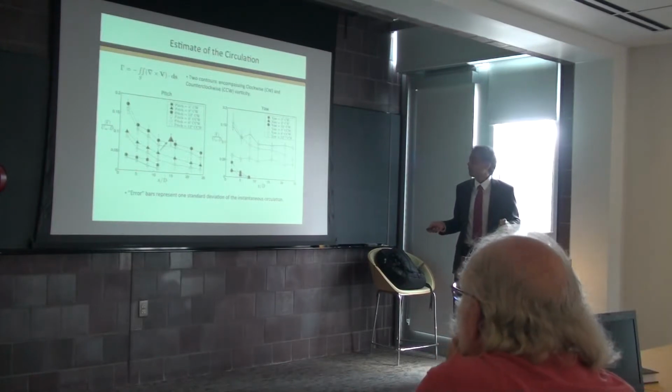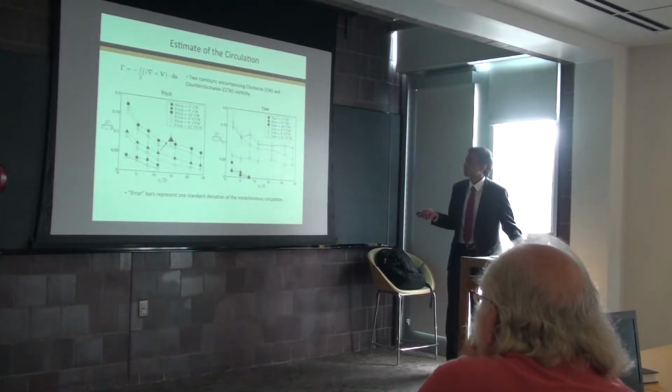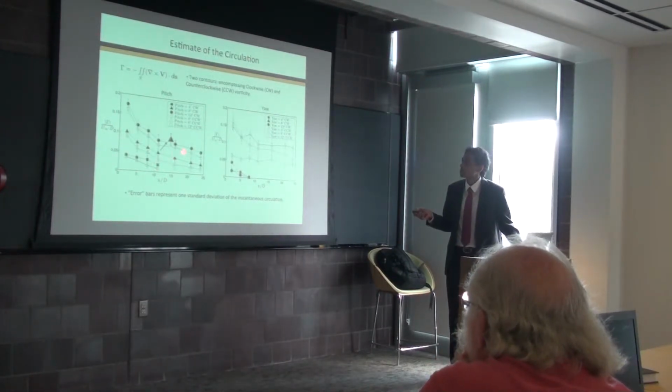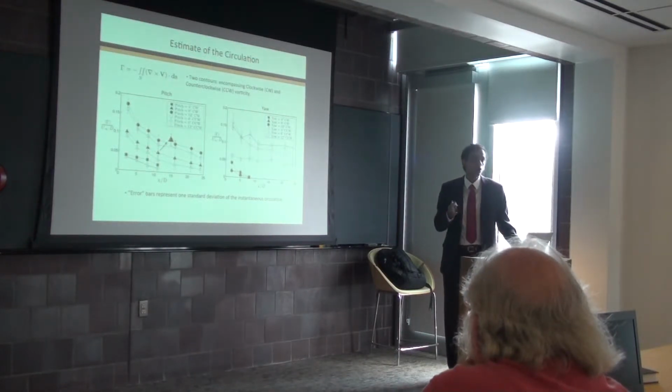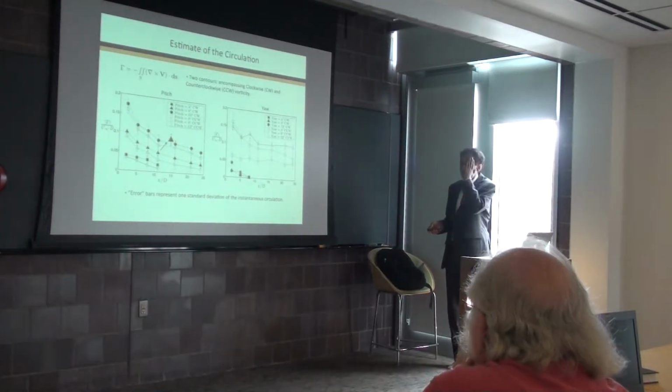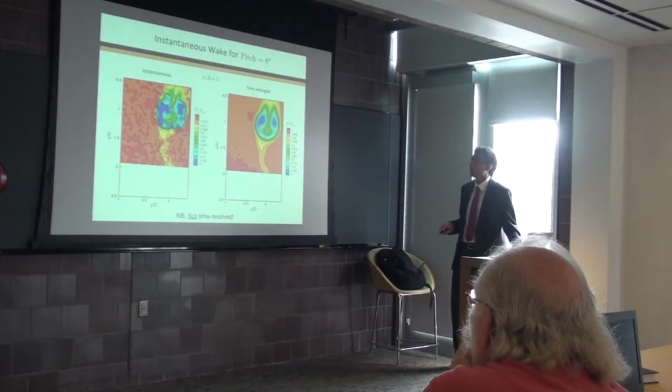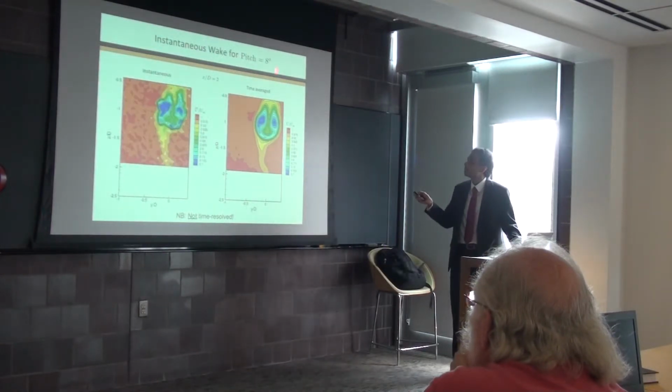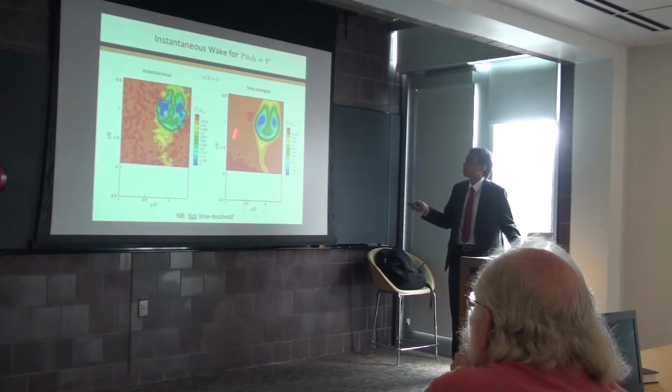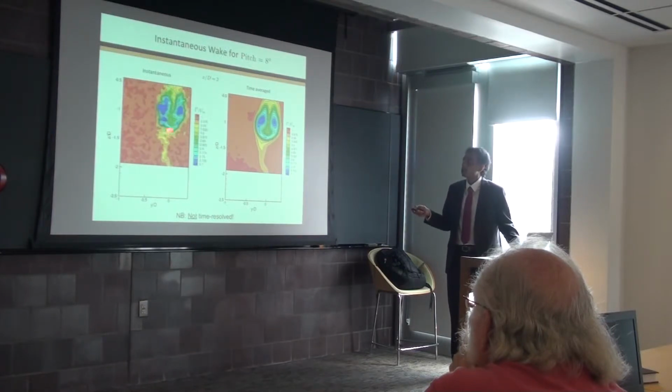I'll show animations in a moment, but essentially what this refers to is the fact that this is a pretty steady wake. The instantaneous deviations from the mean circulation are on the order of 15%. So no large changes there. And you can see that a little bit more clearly here. On the left is the time average picture that we've seen before, on the right rather.